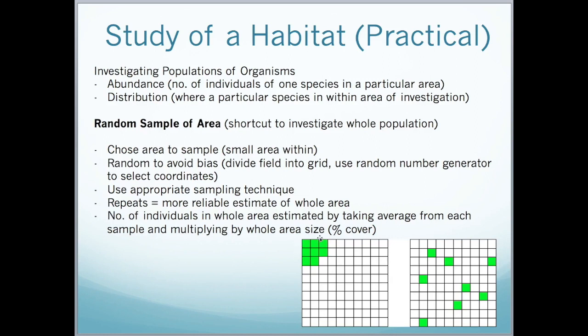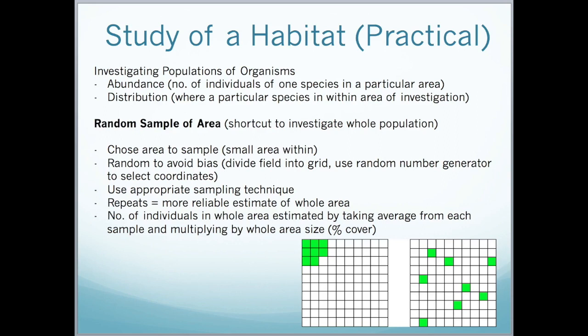The area that we are wishing to investigate is this. So instead of grouping all of our samples in one particular area, when we use a random number generator, we can see how they're all randomly distributed. So this creates a better view of the whole area.